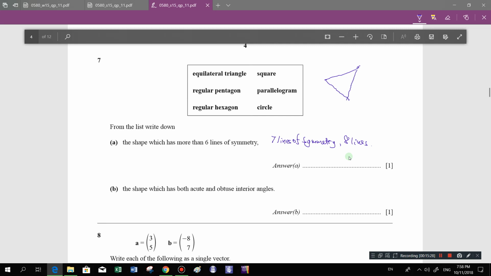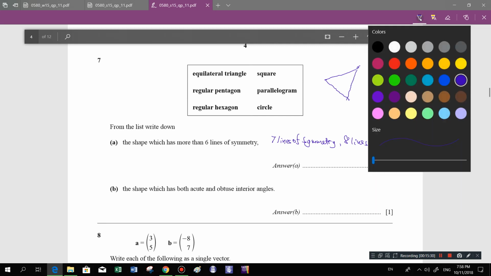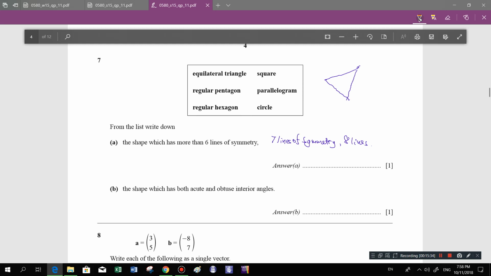First you can draw this. Let's change the color to red. Okay, so one here, two here, two lines of symmetry. There's three lines of symmetry. Okay, that's it.